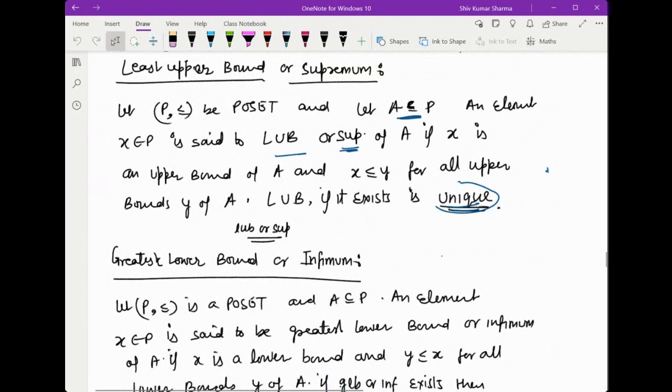Okay, so note down the definition. The least upper bound is also called the supremum, and the greatest lower bound is also called the infimum value.